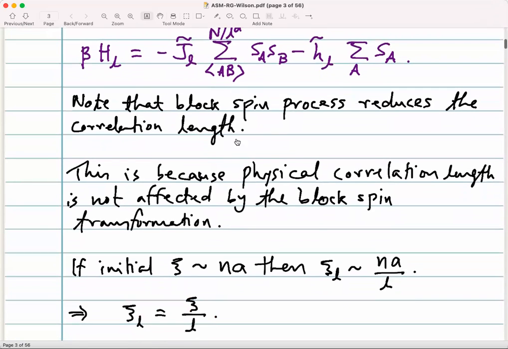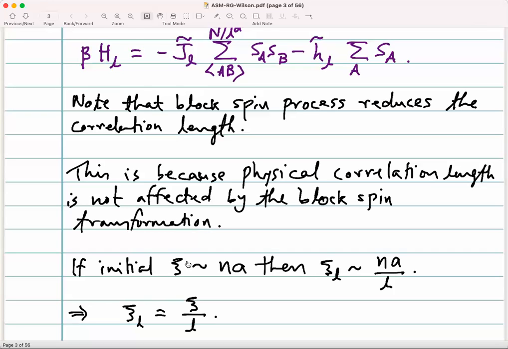In fact, in the process of doing the block spin, we would be reducing the correlation length, because the physical correlation length is not really affected by the block spin transformation, but the unit with respect to which you are measuring the correlation length, namely the lattice size, has itself increased.